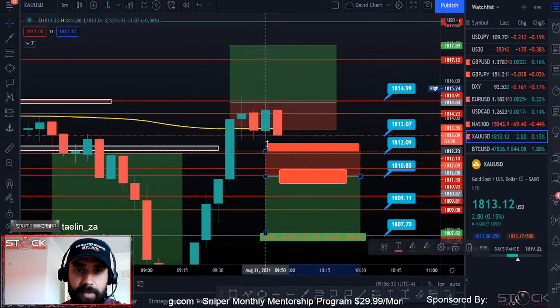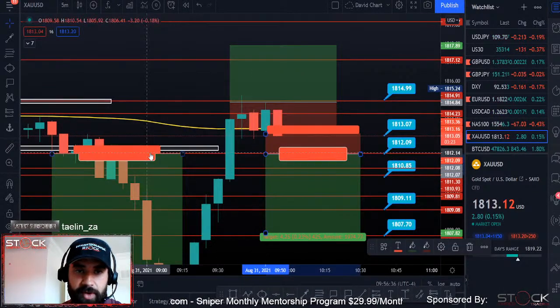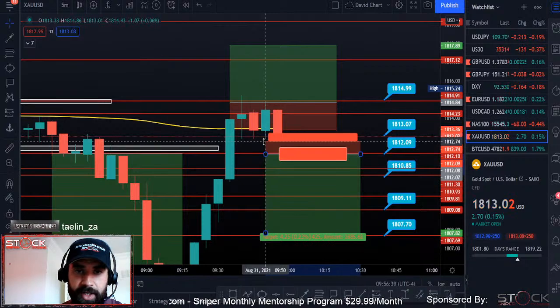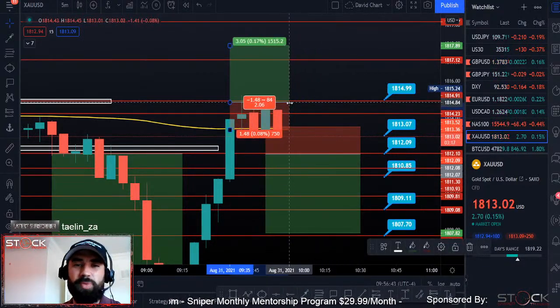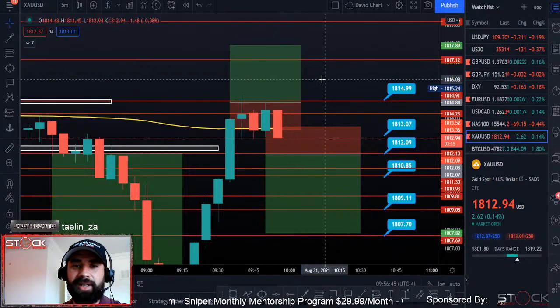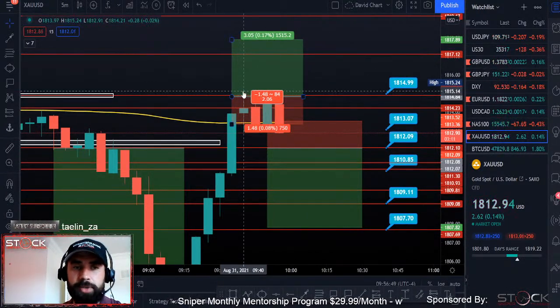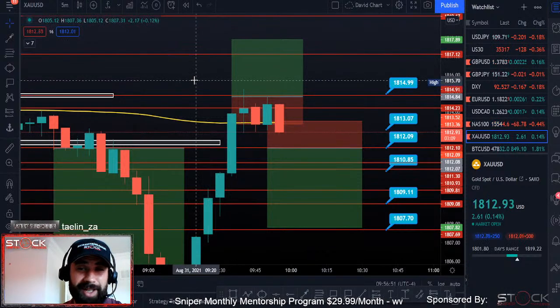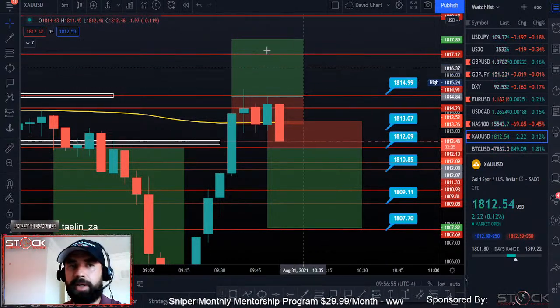Basically, I would even move an entry to right here simply because we already had this previous entry, and then I move my stop loss right at that 200, because there's been no real confirmed buy yet. You can see they pushed up their head fake, then didn't close above there, so you wouldn't have looked to take that. And now you can see we're starting to sell off, okay?